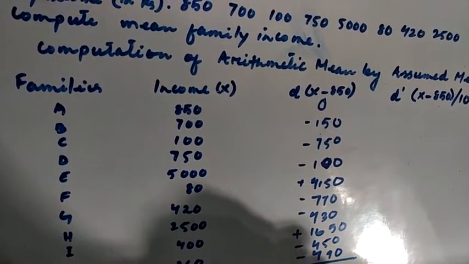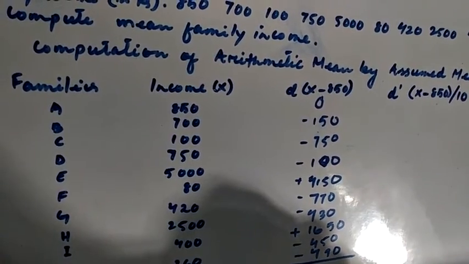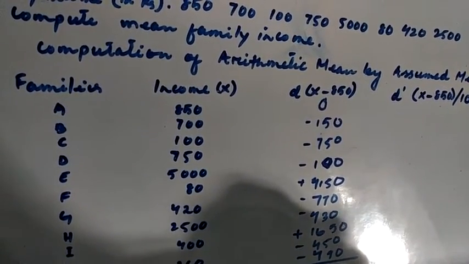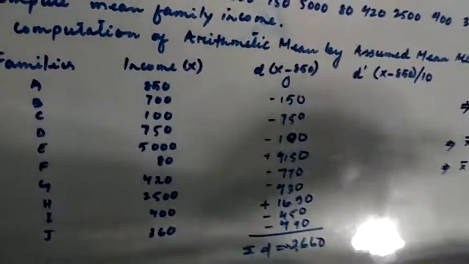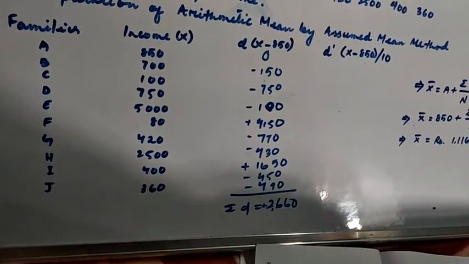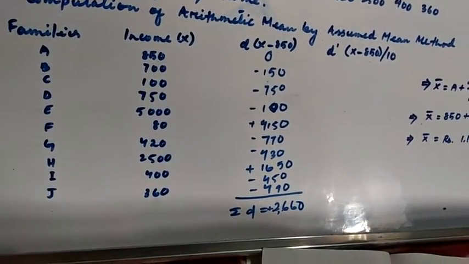So the summation of D equals plus 2660. So we have found out the summation of D.